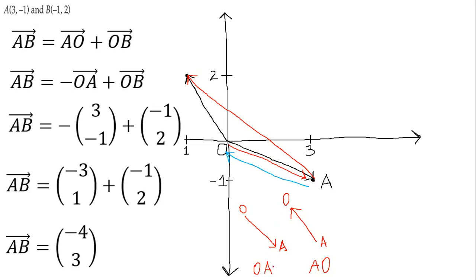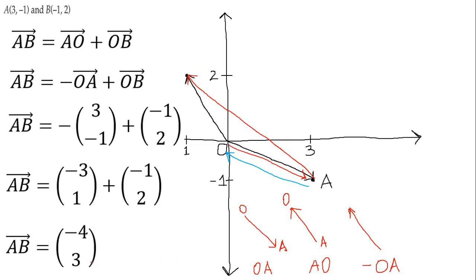But what if I tell you to draw negative OA? Well, if you want to draw negative OA, what you'll do is just switch the direction. So negative OA, we shift the orientation, and it's going to be equal to that.